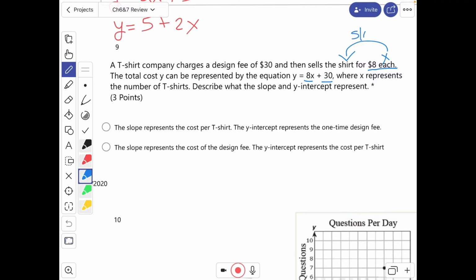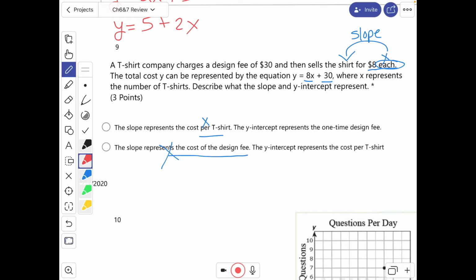So 8 is the slope, and slope is the number that we multiply. So it needs to be a multiply word, similar to each. The first choice says slope represents the cost per shirt. Is that a multiply word? Yes, it is. The second choice says slope represents the cost of the design fee. Well, is there any multiply word describing the slope? No, there is not. So that can't be correct.